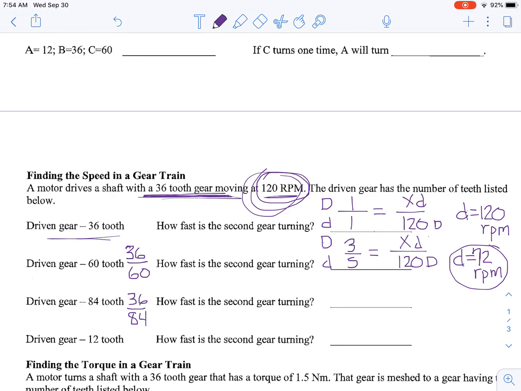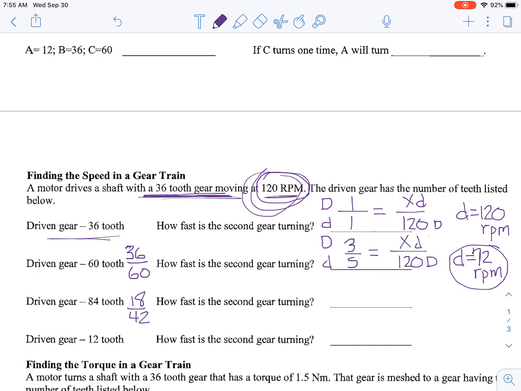And I don't have anything in my head that I know will reduce quickly, but I do know that 2 will go into both of those. So 2 goes into 36 18 times, and 2 goes into 84 42 times.